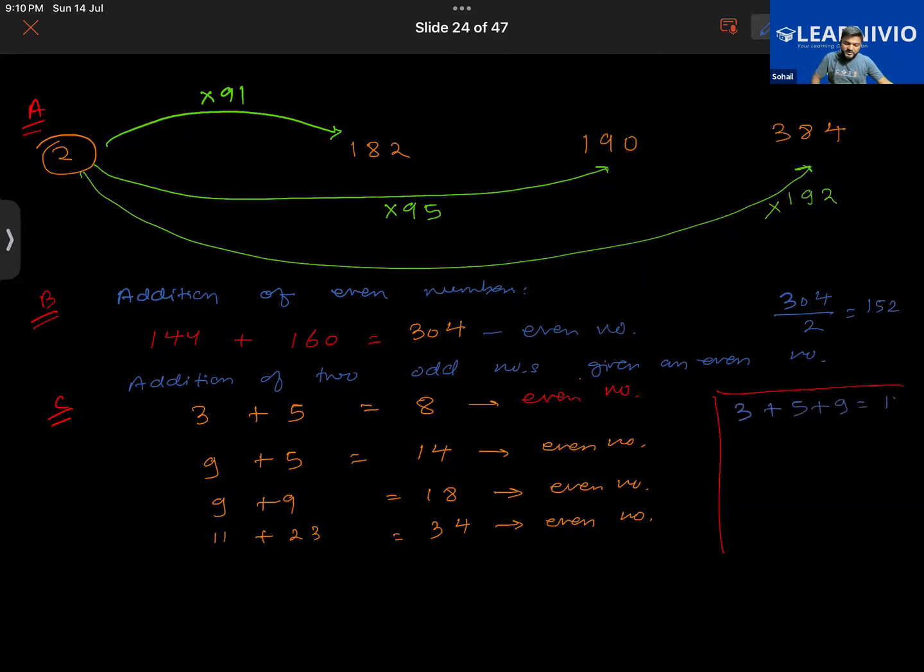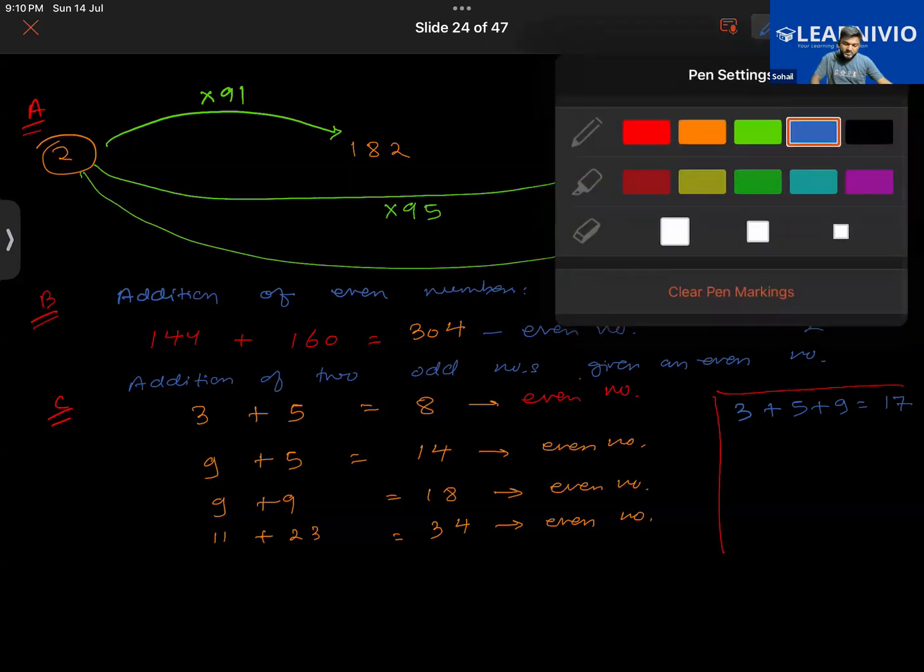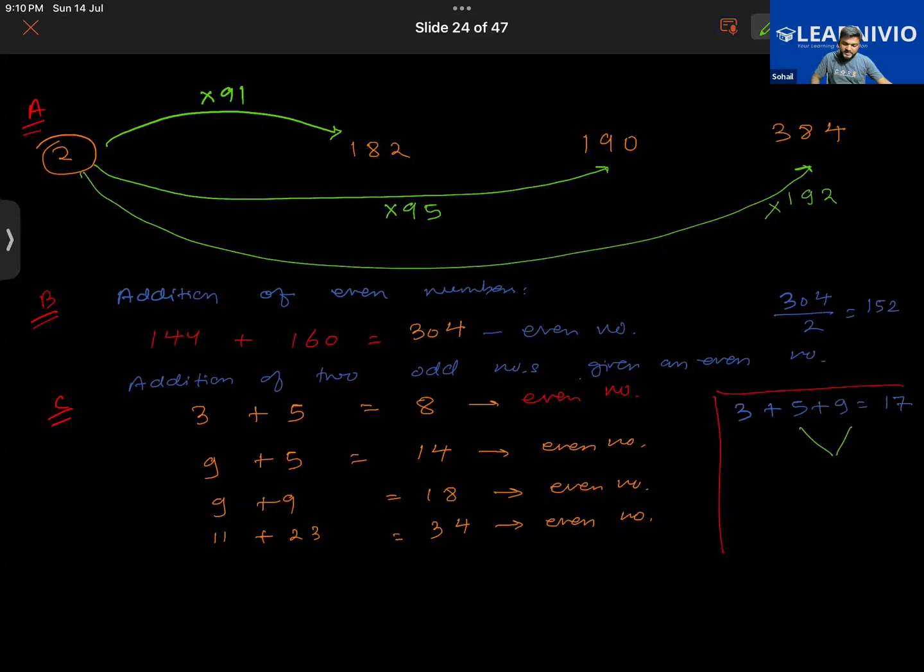That gives you 17, which is not an even number, it's an odd number. So addition of more than 2 odd numbers will give you an odd number, but addition of just 2, for example 5 plus 9, is 14, or 3 plus 5 is 8, or 3 plus 9 is 12.